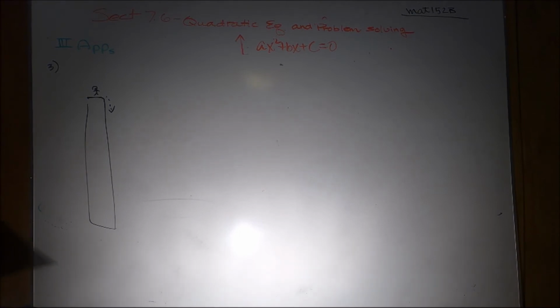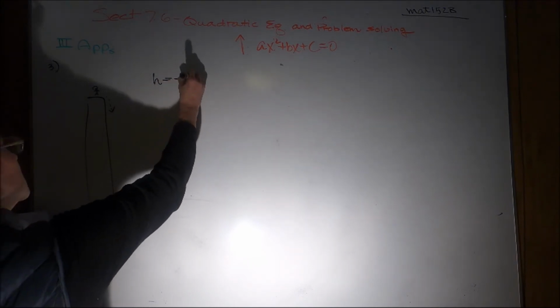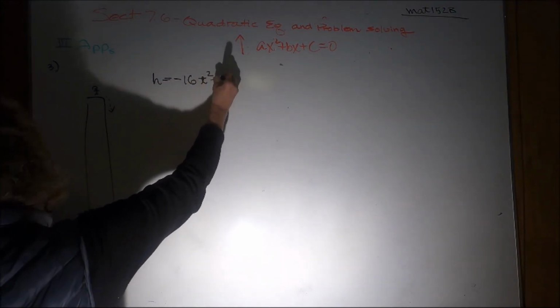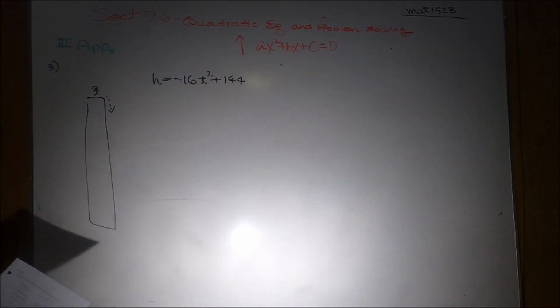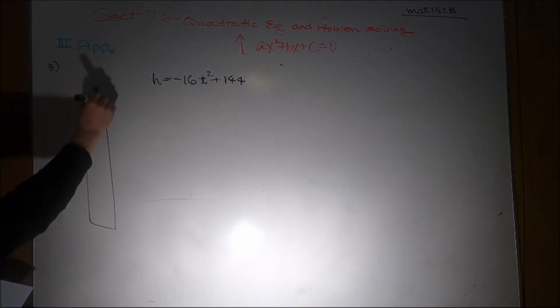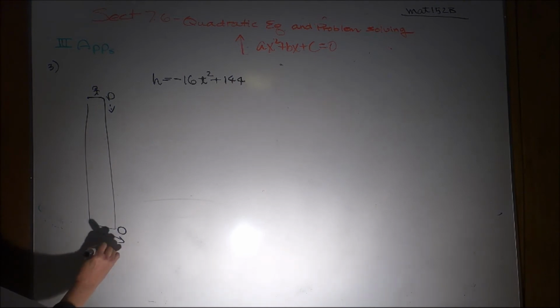Neglecting air resistance, the height h in feet of the object above the ground after t seconds is given by the quadratic equation h equals negative 16t squared plus 144, right? It says find how long it takes for the object to hit the ground. So if it's a water balloon, when will it hit the ground as you pass by, right?